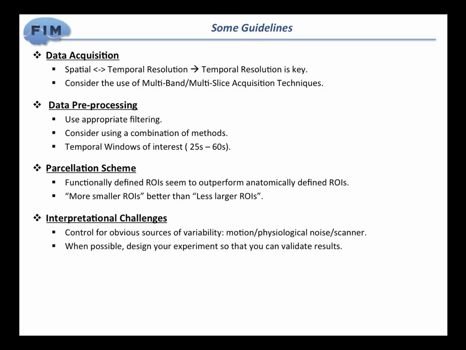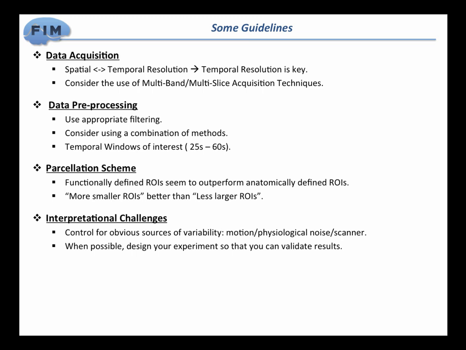Be aware of interpretational challenges. Definitely control for all the things that you would normally have to control in your fMRI studies, motion, physiological noise, everything. But whenever possible, design your experiment in such a way that you can have an external measure that allows you to validate what you're looking at. In our case, we use the imposed task. In the case of the study about predicting, they have the response time.